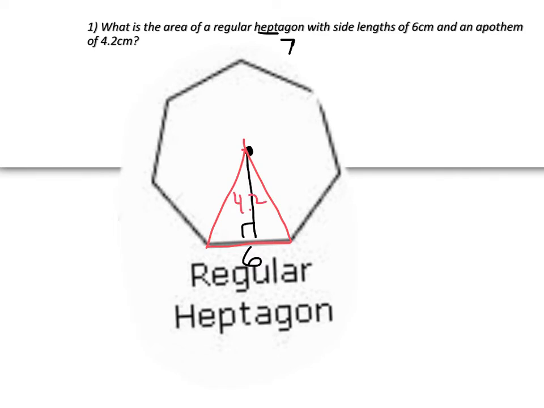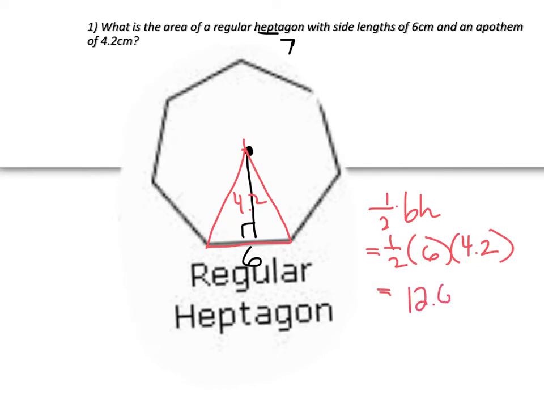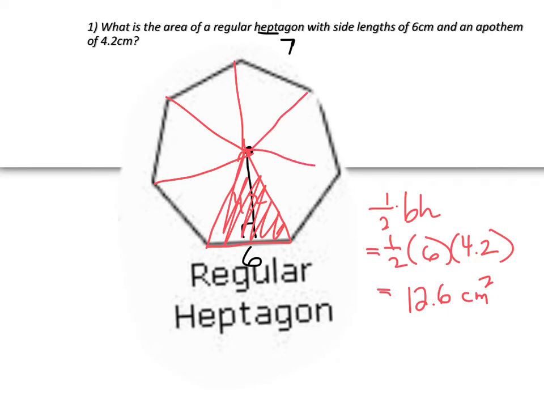We could calculate the area of that triangle. The area of a triangle is 1/2 base times height. So the base would be 6, and the height would be 4.2. When we calculate that, we'll get 12.6 square centimeters. So that's the area of one triangle, but we could draw in a total of 7 triangles, since it has 7 sides.